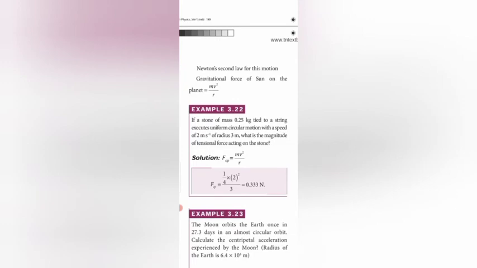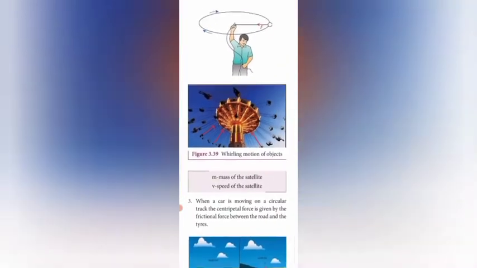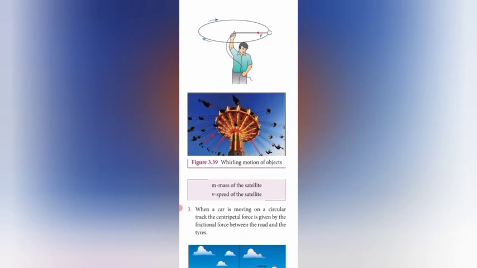So in all these cases, different forces act as the centripetal force. In the first case, the whirling motion of a stone tied on a string, the tension in the string or rope acts as the centripetal force. In the second case, the movement of the satellite around the earth, the gravitational force acts as the centripetal force.